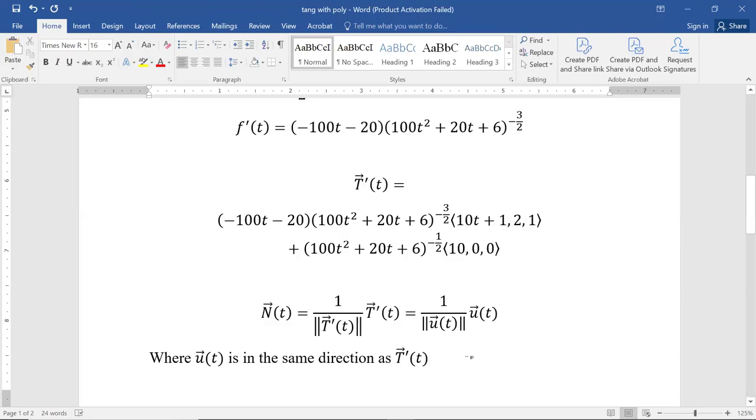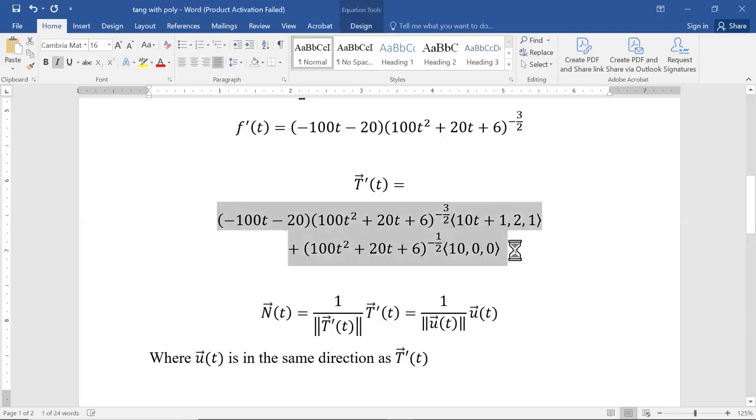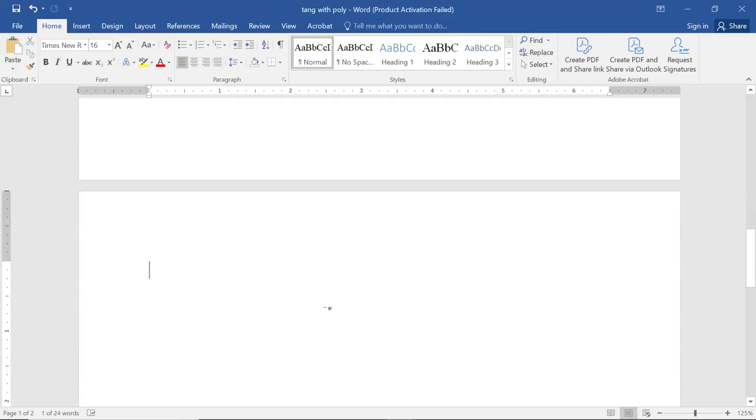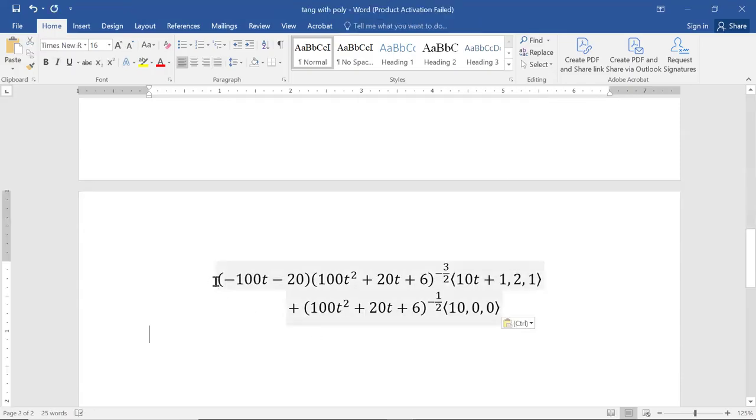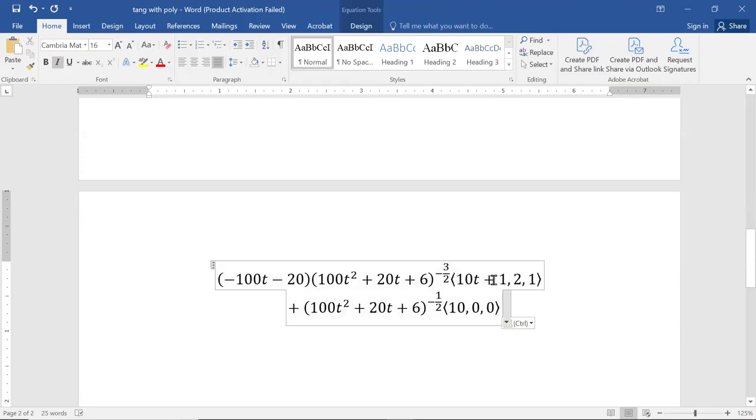So I'm going to find the direction of the derivative of the unit tangent vector, and I'm going to use that. What that lets me do is focus on factoring out a common value and getting a coefficient there. So here's how I'm going to do it.